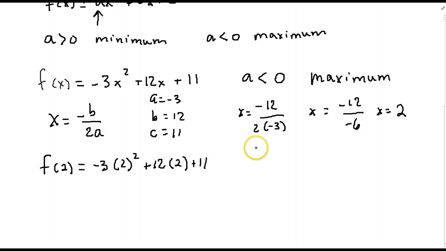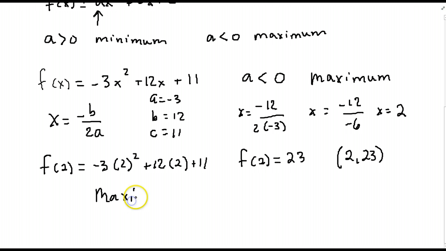And when we solve this, we see f of 2 equals 23. So we have an ordered pair now at 2, 23. And we can say that the maximum value of this graph is 23.